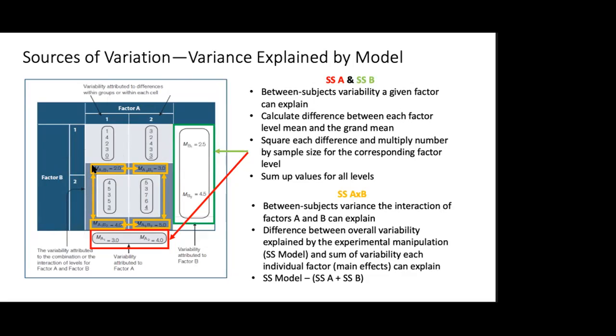For factor B, it's 2 versus 4, so a difference of 2 at the first level of factor A, and then it's 3 versus 5, so also 2 at the second level of factor A. So again, no interaction. Otherwise it would have to be, I don't know, 2 and 0 or 2 and 10. I hope that makes sense. So in this case, we have 0 interaction, only main effects, so the effect of one factor is constant across the levels of the other factor.